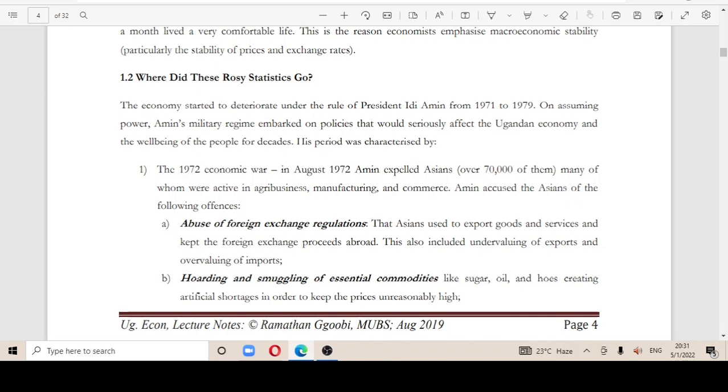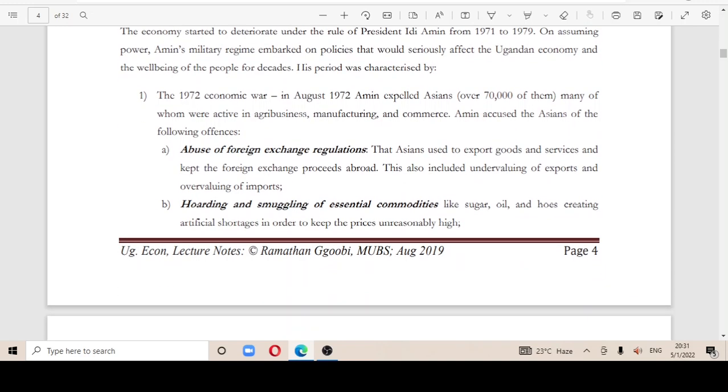So with this, they're saying in August 1972, Amin expelled Asians, over 70,000 of them. So Amin accused the Asians of the following offenses: that is, abuse of the foreign exchange regulations.